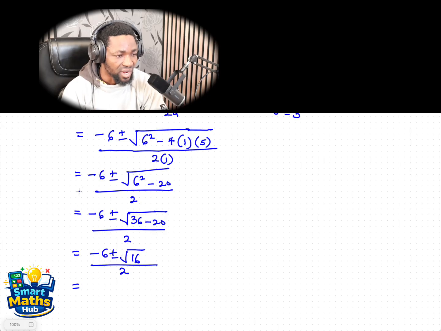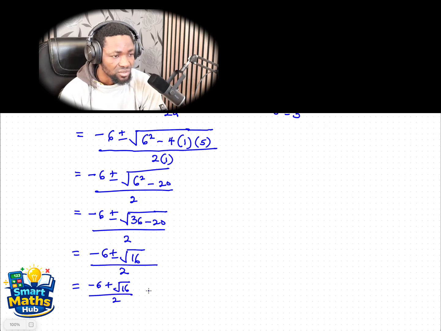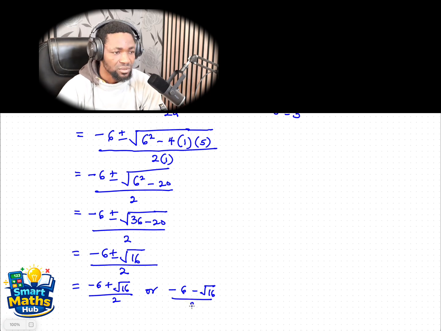So we have minus 6 plus square root of 16, everything over 2, or minus 6 minus square root of 16, divided by 2.